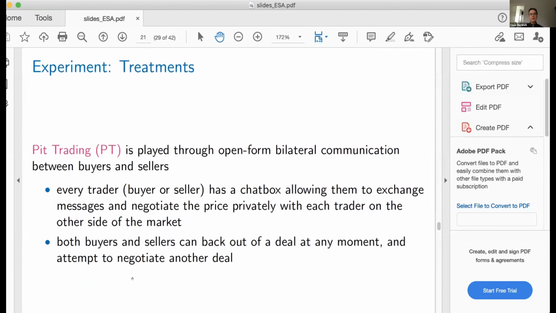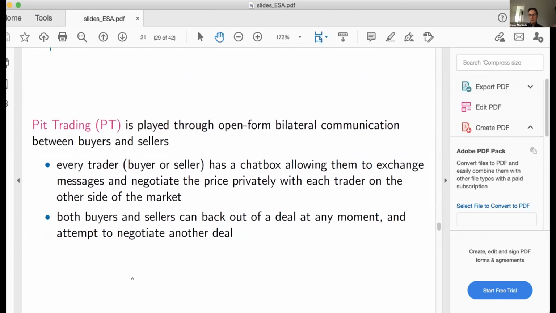And finally, we have the pit trading. The pit trading is inspired by the traditional pit trading. We know it doesn't work as well as the double auction with homogeneous goods, but in this case it may be useful because we have a big coordination problem. And we are not going to tell people the costs or utilities of other people. So the price discovery process here is complicated.